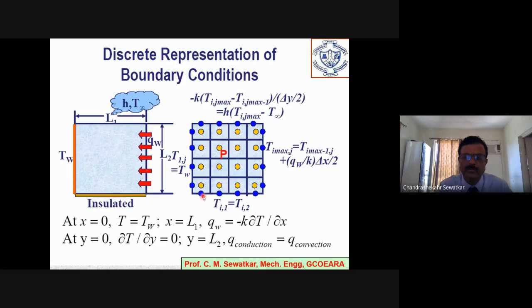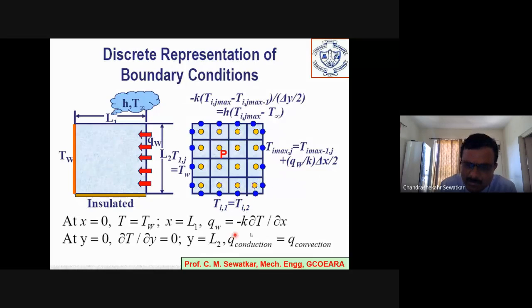I can write temperature here minus temperature here, divided by the distance between the two, say delta y by 2, and that is equal to 0. That is a discrete representation. From that I obtain the equation: temperature here is equal to temperature here.